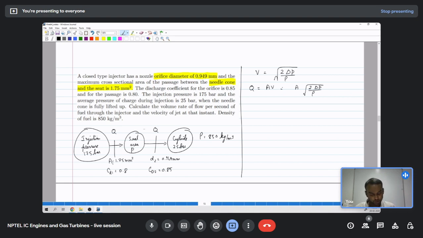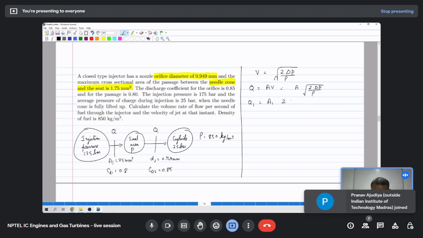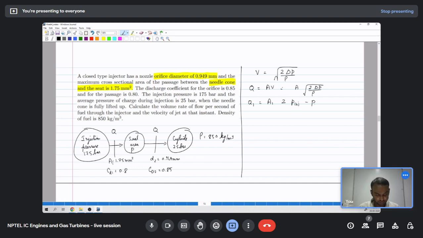If it is Q here, then it has to be Q on the next orifice also, because for steady flow we consider there is no accumulation of mass in the system. So we can write Q1 as CD1 A1 times root of 2 delta P by rho, where delta P is between injection pressure and seat area pressure P, and rho is 850.